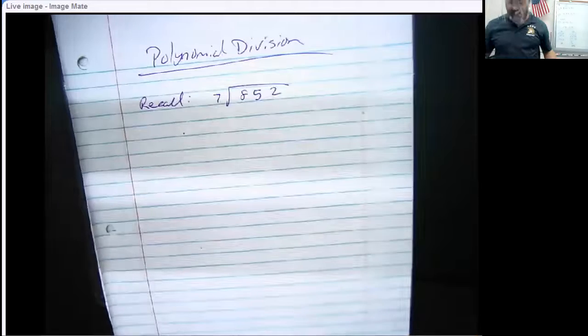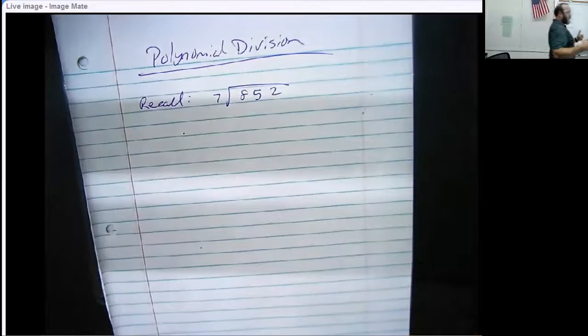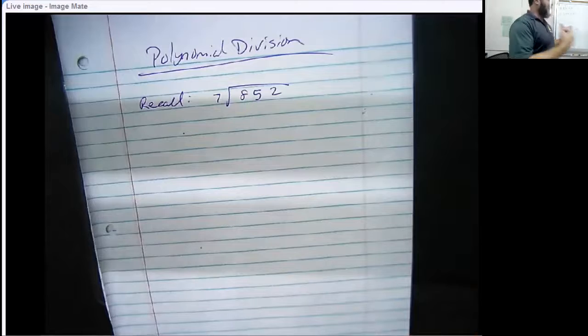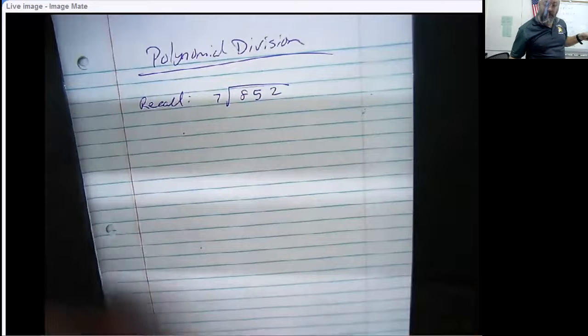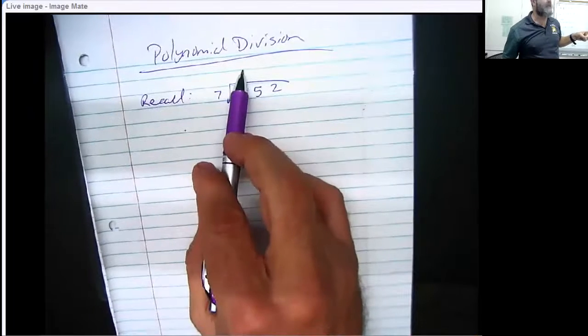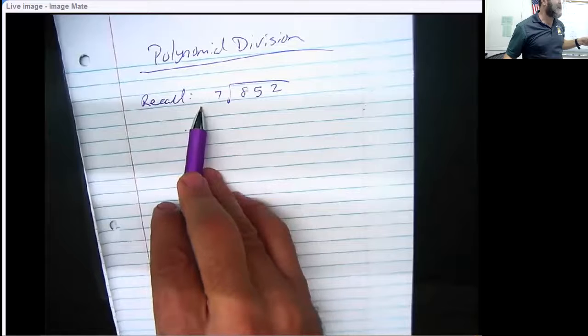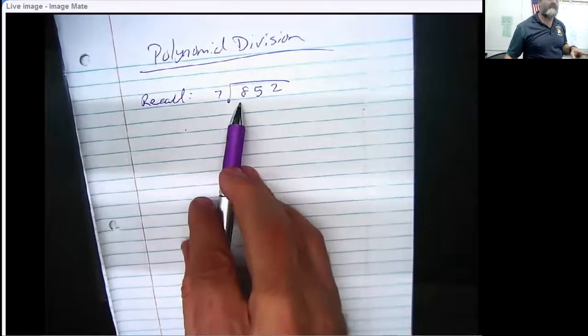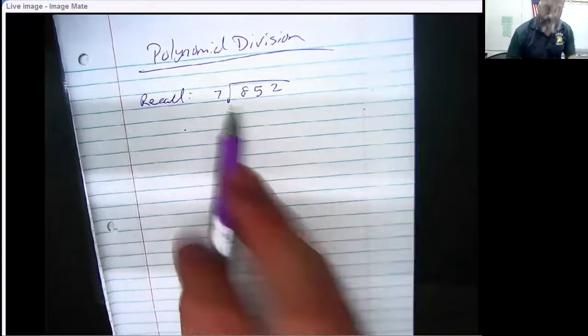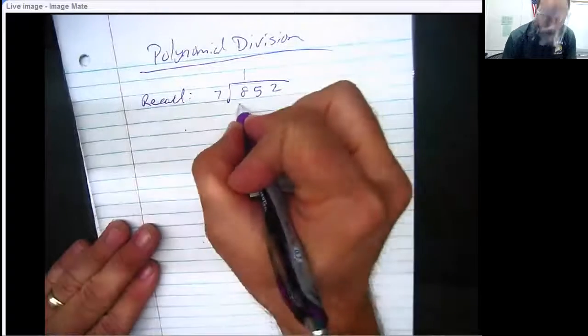So what would you guys do first? Let's remember the process, because what I'm going to show you today in more advanced techniques is this. So I want to be really clear. What's the first thing you decided back in the day? You would say, what number can I put right here so that when I multiply it by 7, I get as close as possible to this first piece? It would be 1. So then we multiplied and you got that.